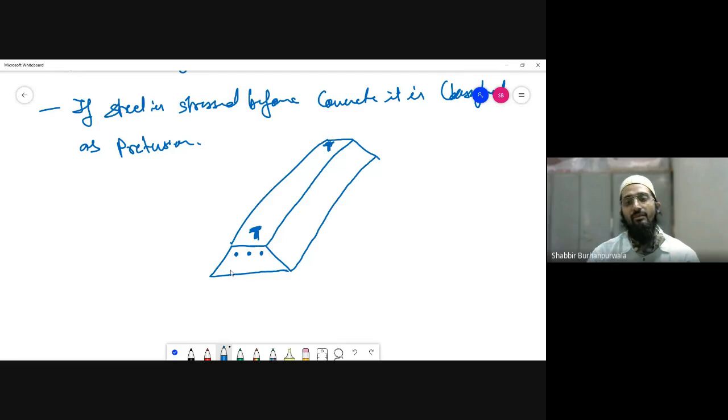Some of the times they are visible if the plaster or the cover from that side has fallen off. You will easily be able to see those wires and cables which are provided over here. These are the pre-stressing cables.